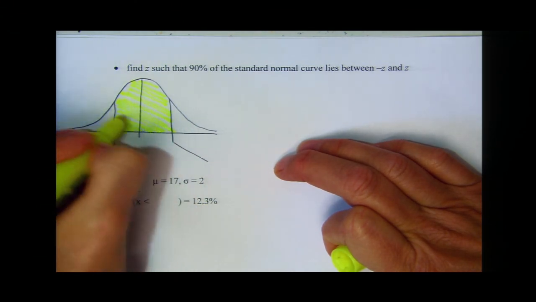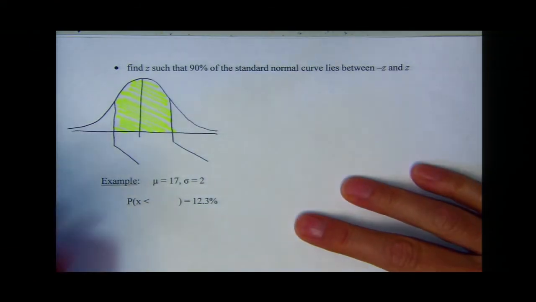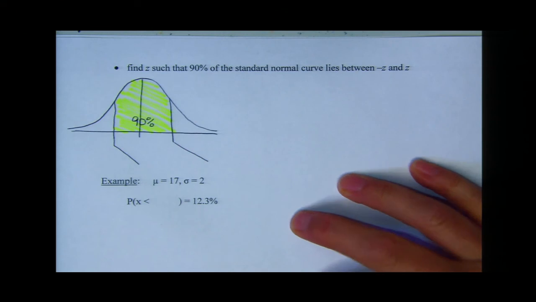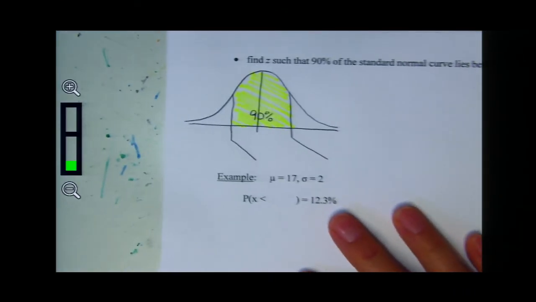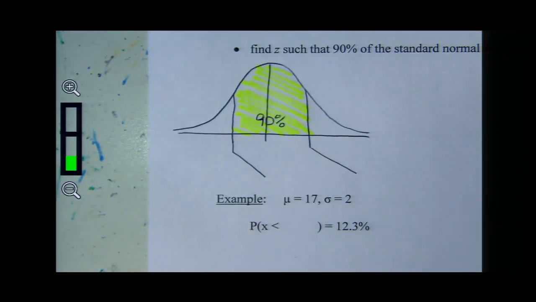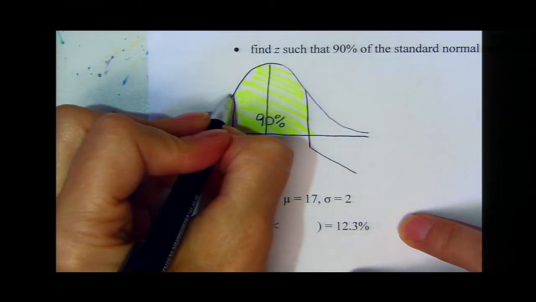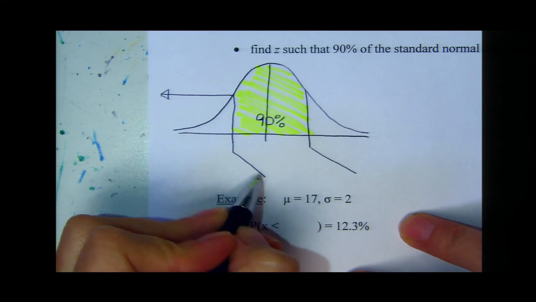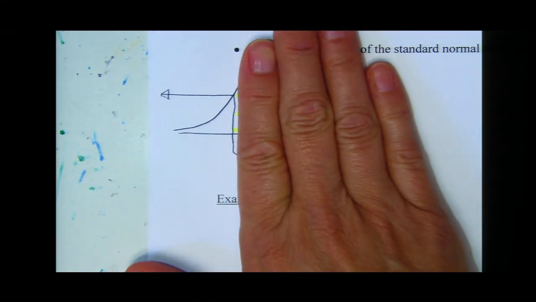is 90%. Okay, let me zoom that. All right, so again though, we only deal with left tails. So to find this negative z, I would have to know the area of that non-shaded part. Well, is that possible to find out?